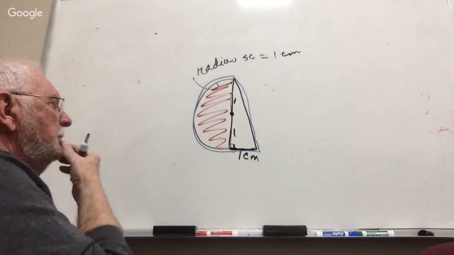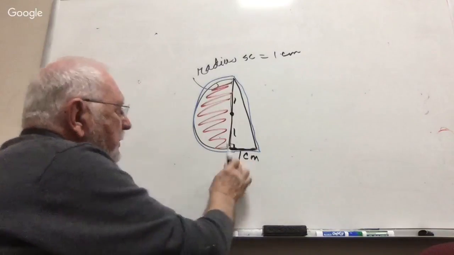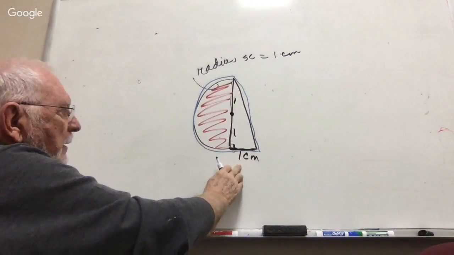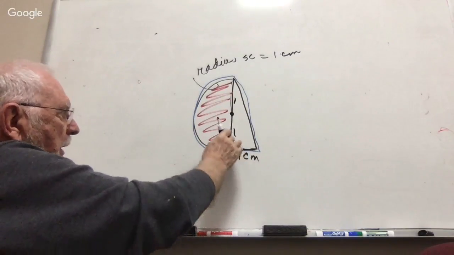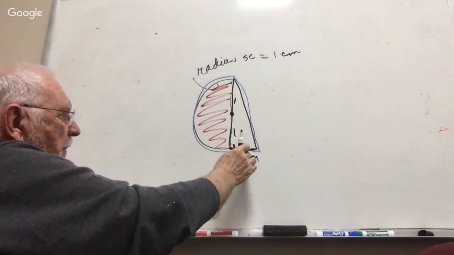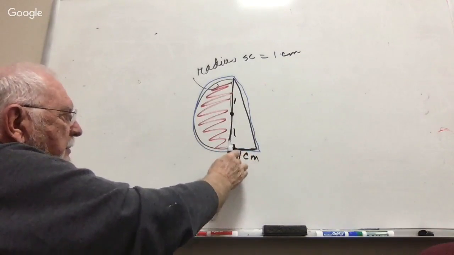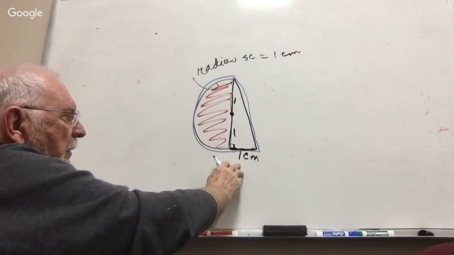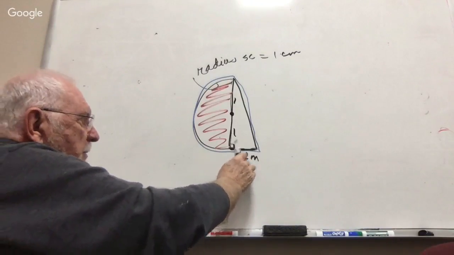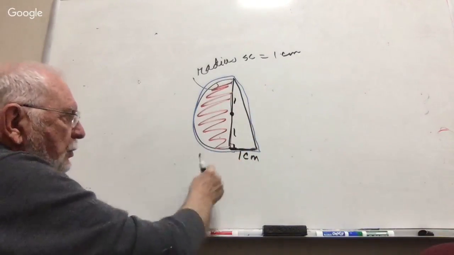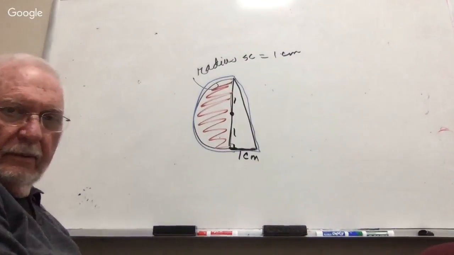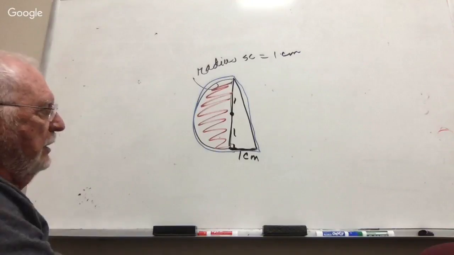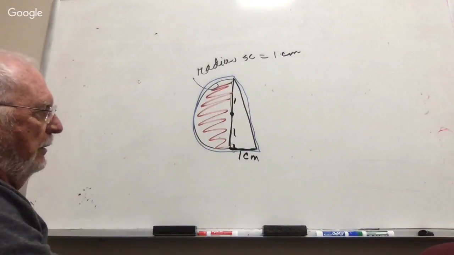The square root of 3. So if this is 1, here again, be careful, because the square root of 3 applies to a 30, 60, 90, and that means the hypotenuse is twice the short side, not the long side. Be careful. But what you can do is use the Pythagorean theorem, right?